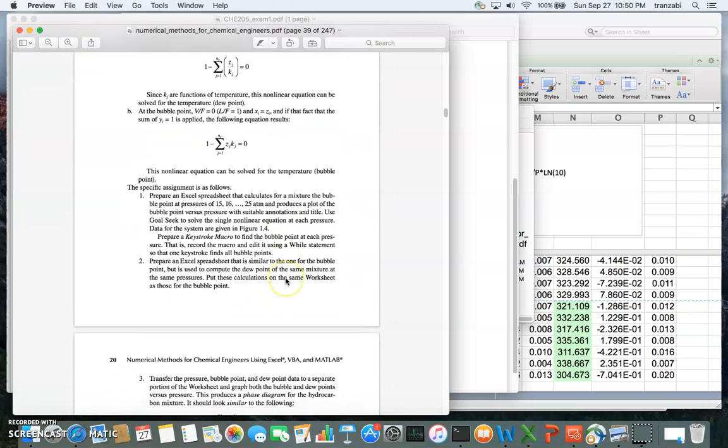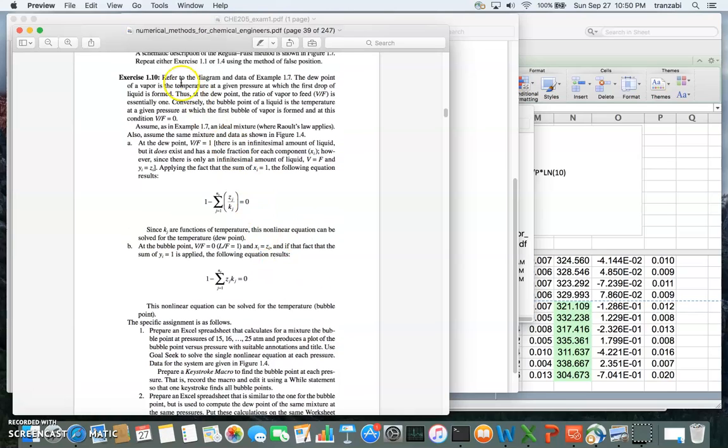If you go down, problem 1.10 is exactly the thing I asked you to do. This is the equation we were trying to solve, and the problem asks you to do this using Goal Seek. Part C of that problem is an additional step to confirm that what you get from Goal Seek is true. Okay, so that was a solution for exam 1 in CHE205.